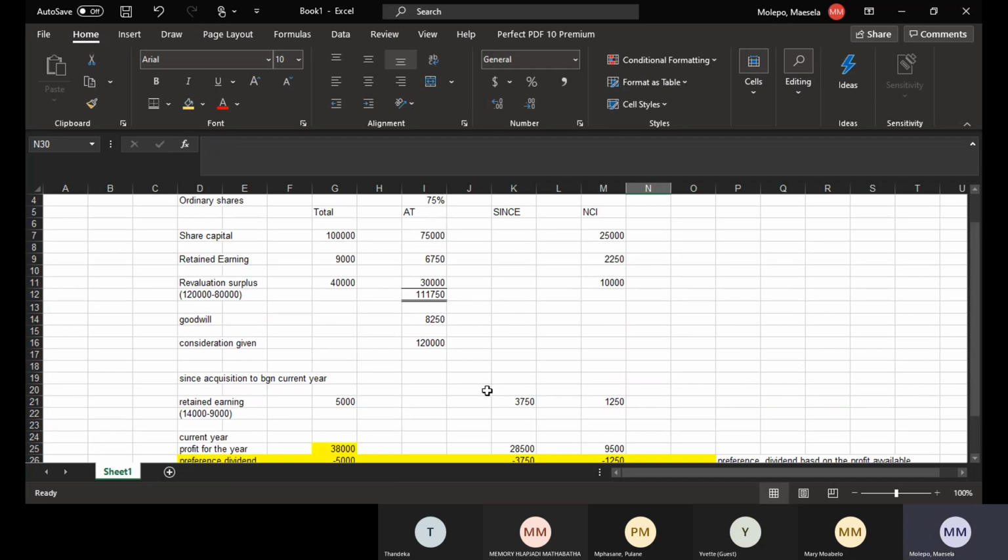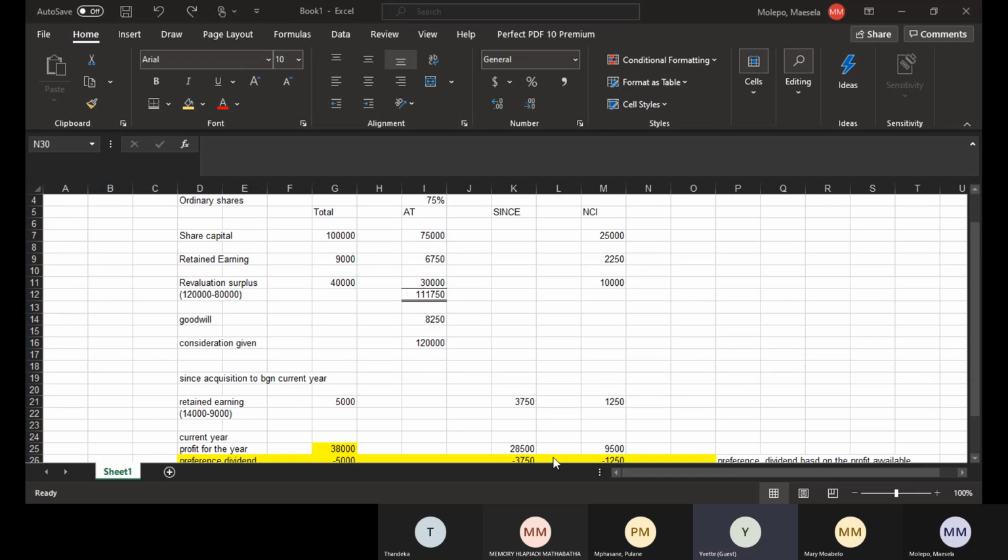So up to now, is there any question with regard to this analysis of shareholders, especially in the context of the preference shares? YV? No questions, I'm all good.